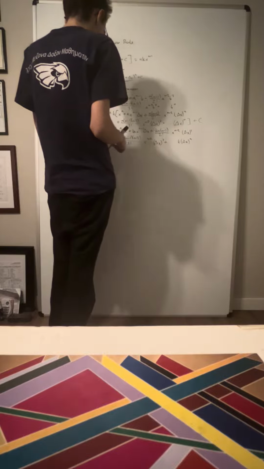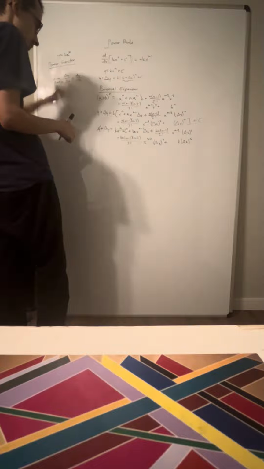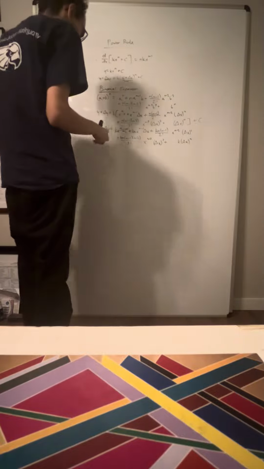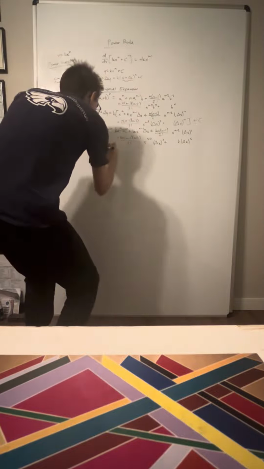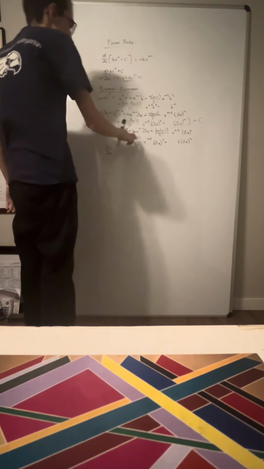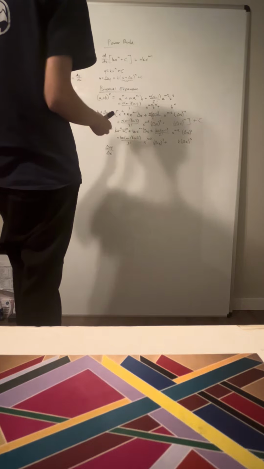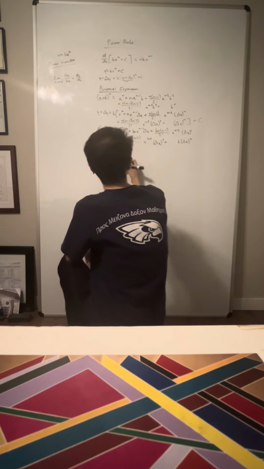So after we do this, we're going to go ahead and get this in the form of delta y divided by delta x, which means that we have to basically take every single term and divide by one single delta x. So this is what we're going to do with this.